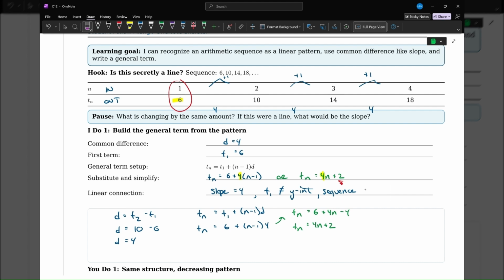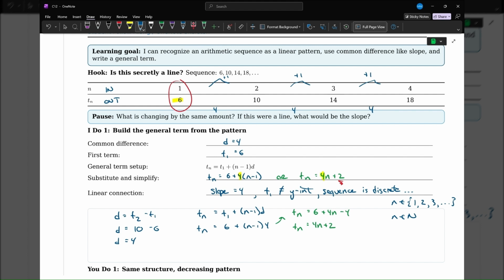So the sequence is discrete. n is an element of, so n can be 1 or 2 or 3. Nothing in between, no negatives, no 0. Said another way, n is an element of the natural numbers, the counting numbers.